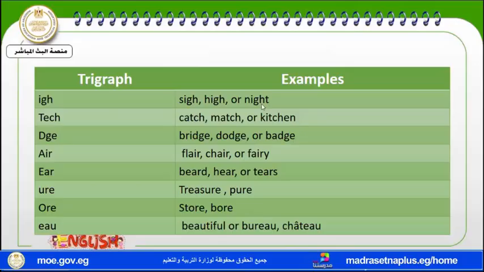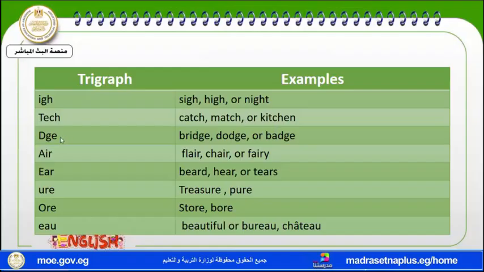The IGH is I. Another trigraph is TCH, like catch, match, kitchen.